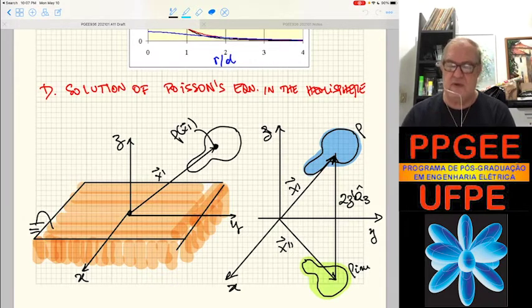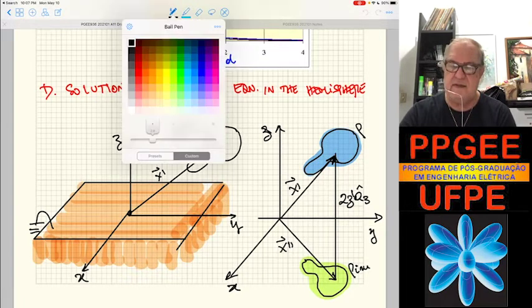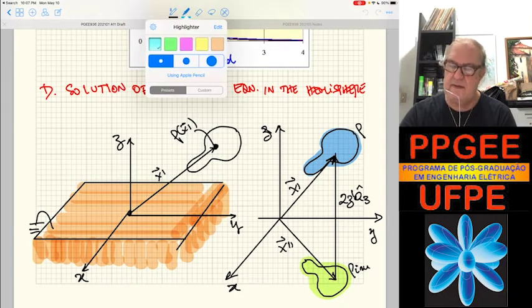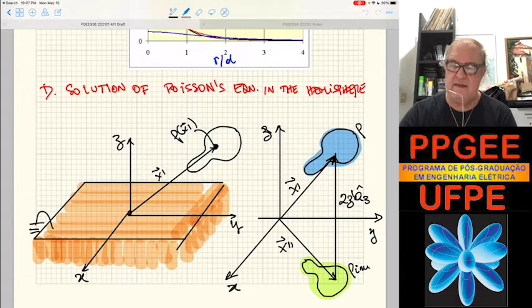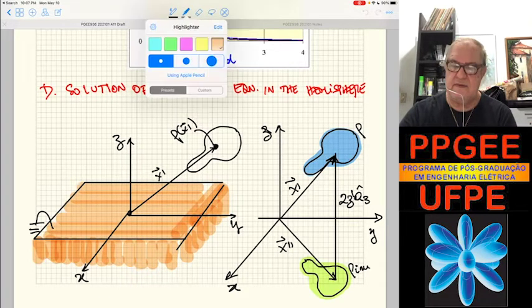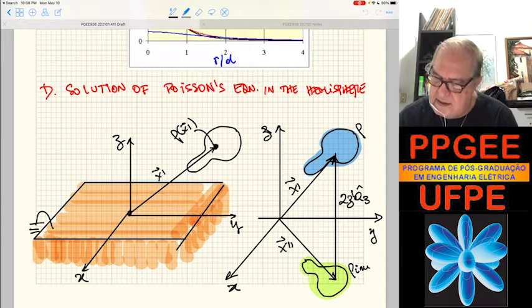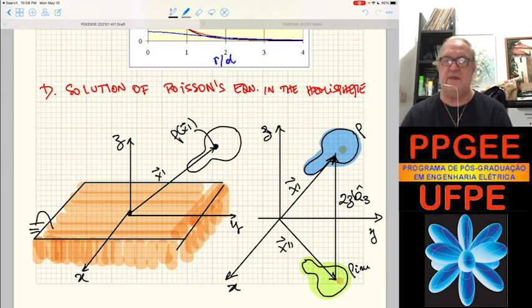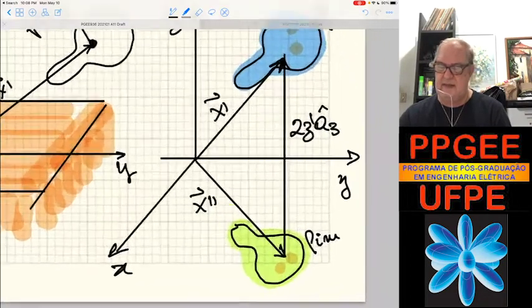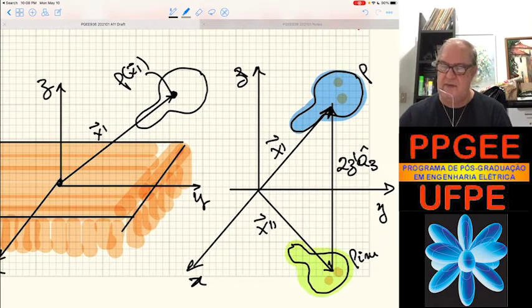What we do is construct an image distribution point by point. You pick this point here, you find an image at the symmetrical position, and we get that point there. You find this symmetrical position for that point, and so on. And we keep going, the image charge right here. Then we keep assembling the image charges.